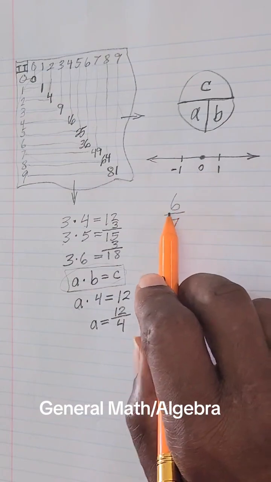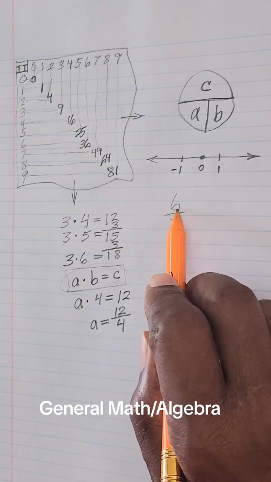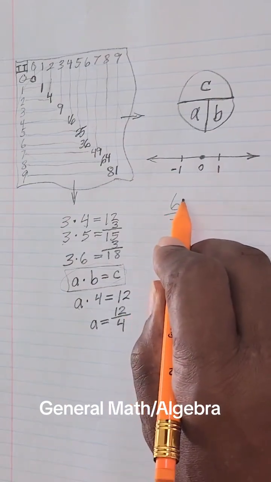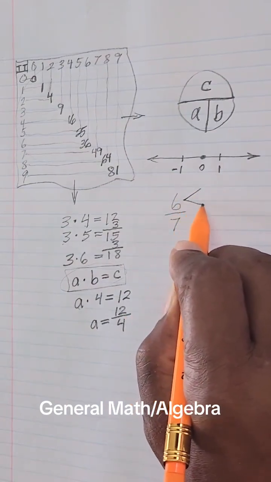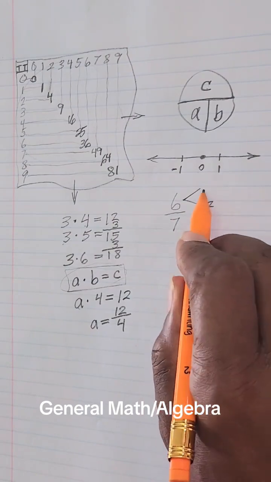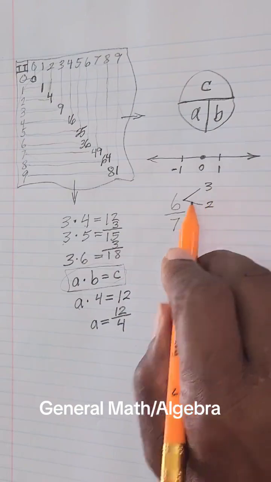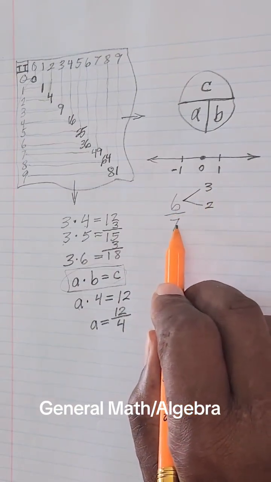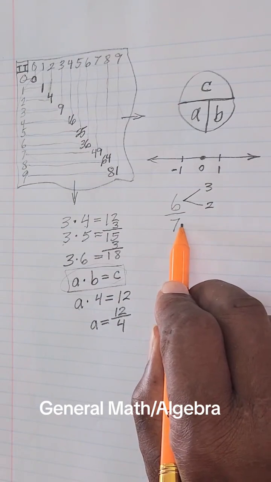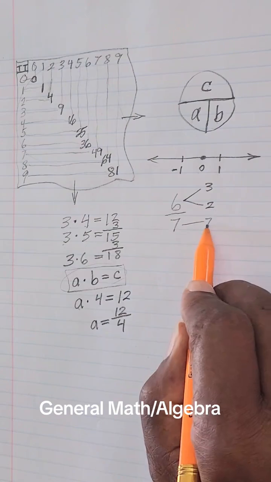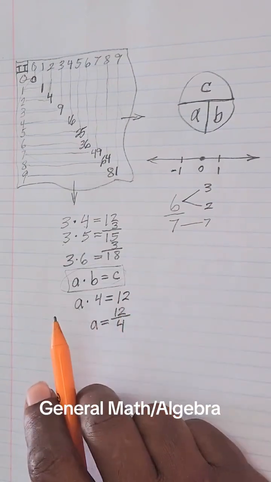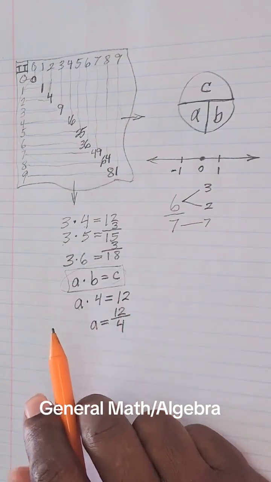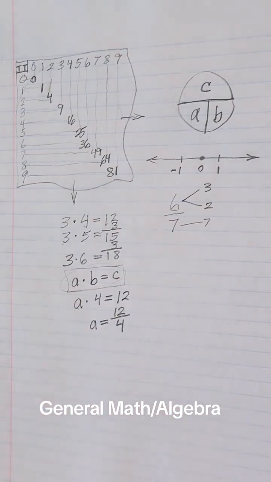Like 6. 6 can be reduced because 6 is a composite of prime numbers, 2 and 3. So 6 can be reduced, but 7 cannot be reduced because 7 is a prime. That's why it's so important to know those primes.